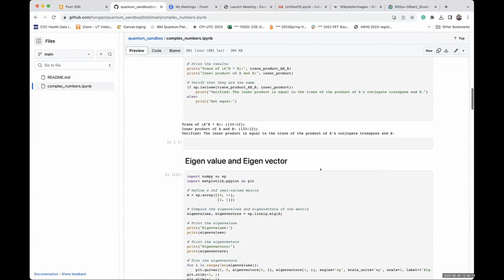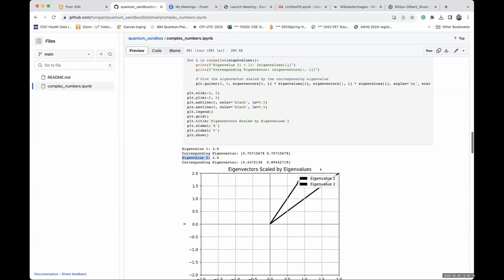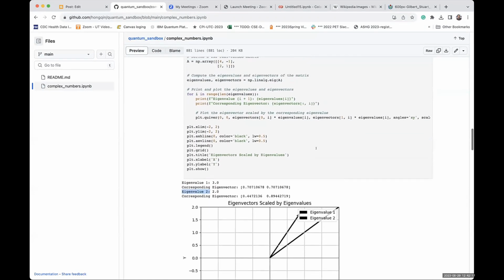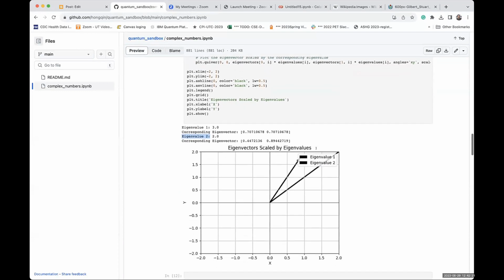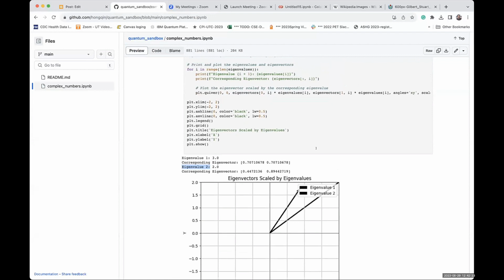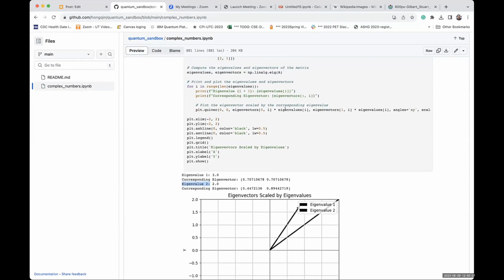I think these two plots should be exactly the same, but somehow they are not. Oh, I multiply by the eigenvalue there. Okay, I see. When I plotted, you can see the vector is multiplied by the eigenvalue.